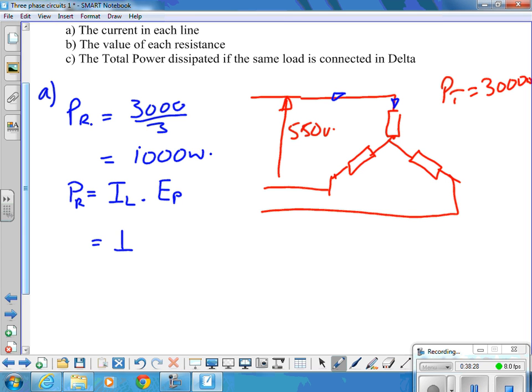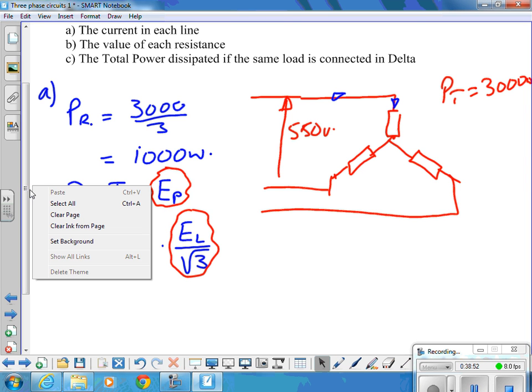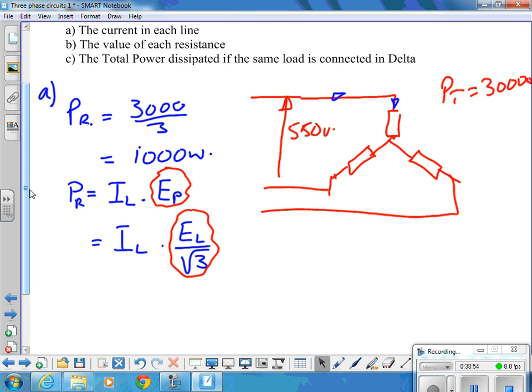Therefore it's equal to IL times EL over root 3, because that is equal to that. These two are equal to each other. It's probably best to do it that way rather than calculate it separately and rounding it.